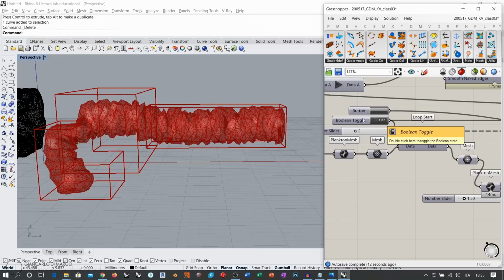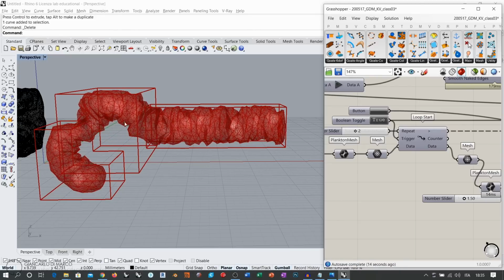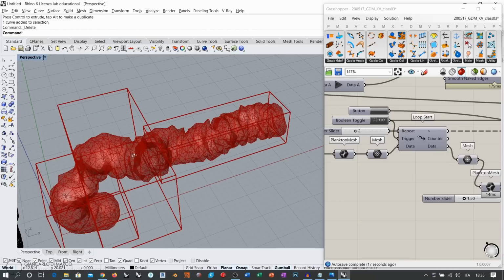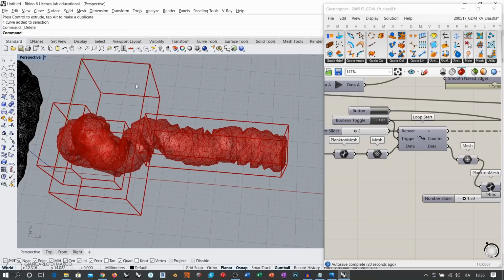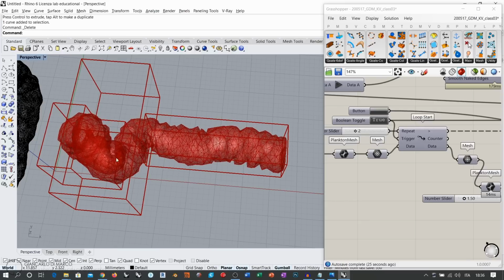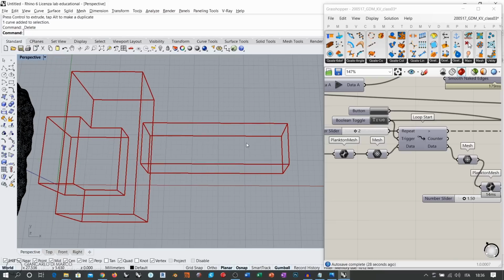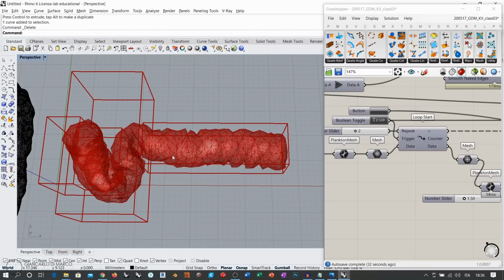Quite better. We no longer have this kind of self-intersection here, and this thing is starting to expand and occupy this volume. You see that this thing is starting to behave like an expanding tube. It is going to distort and occupy this area, and if you are lucky, this expansion will tend to occupy this area here.